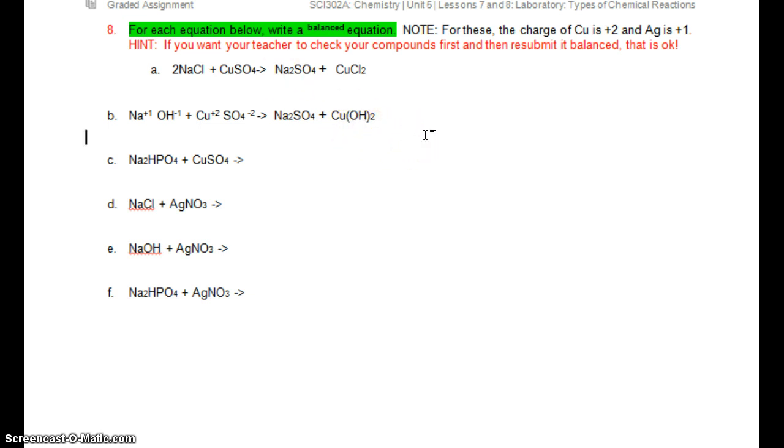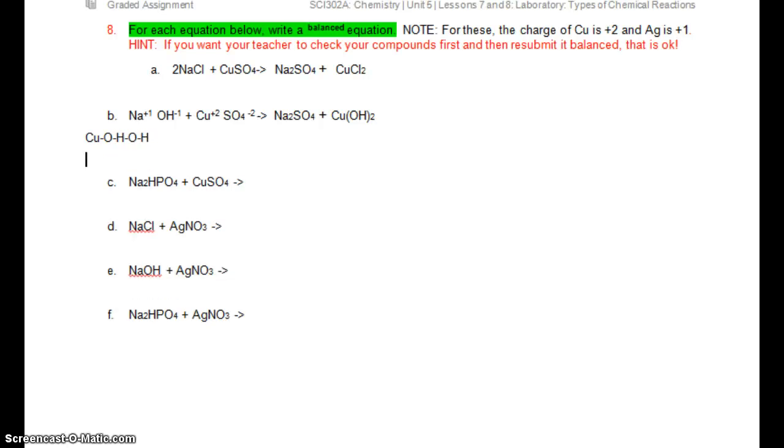So I'm going to show you the difference. CuOH with another OH, I could write like that, versus CuOH with a dash H. Okay, so if there's no parentheses, then that's that one down there.